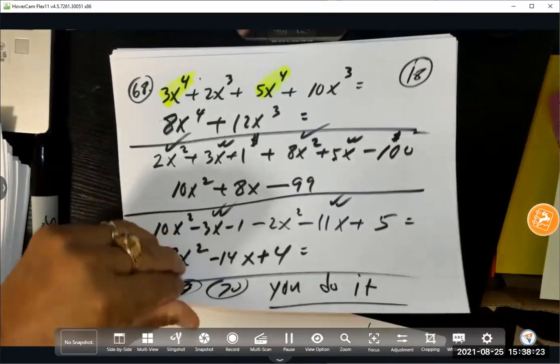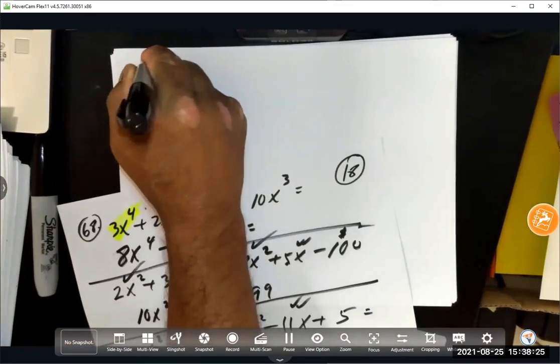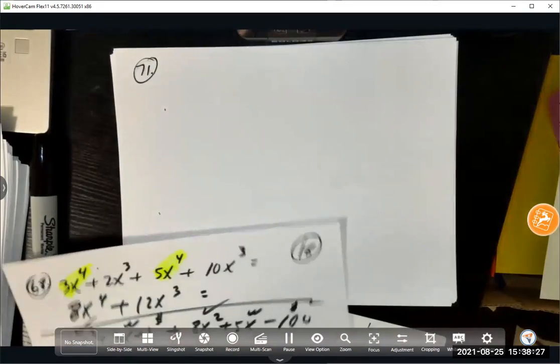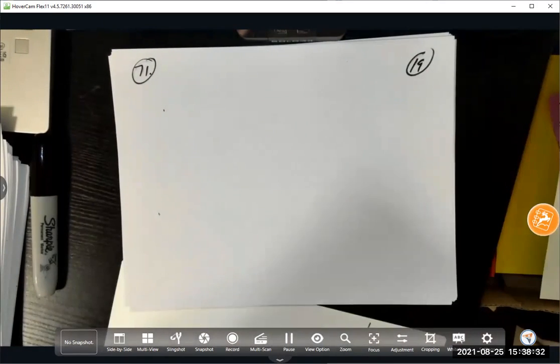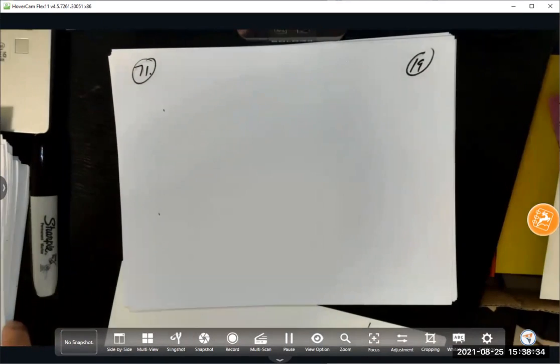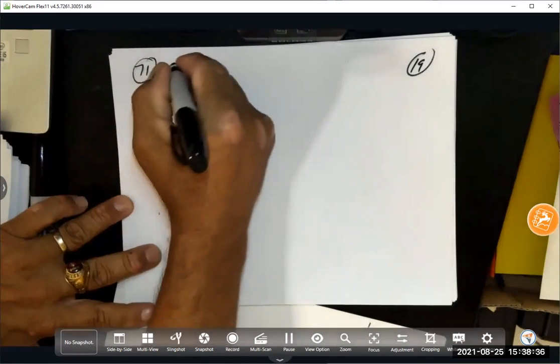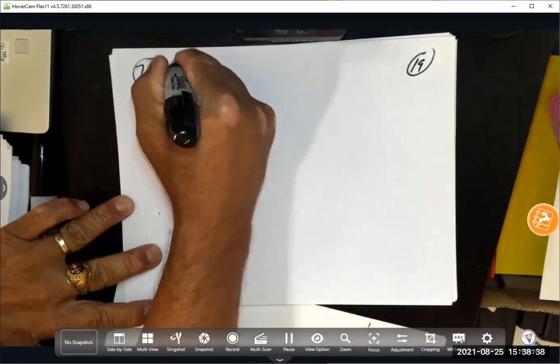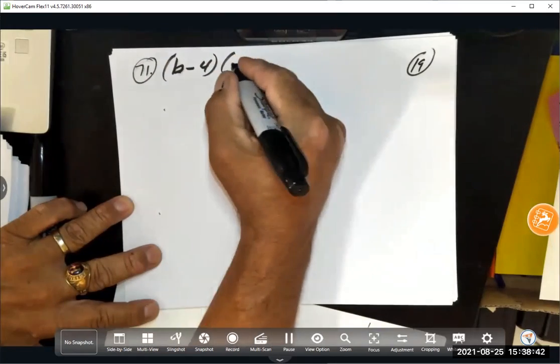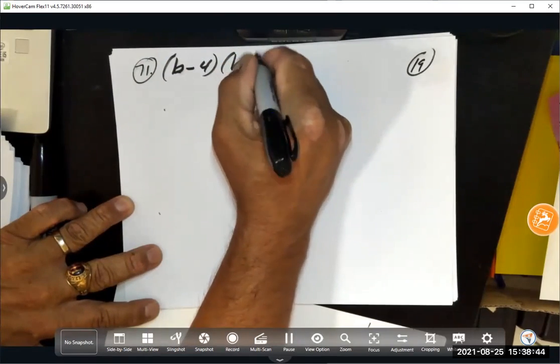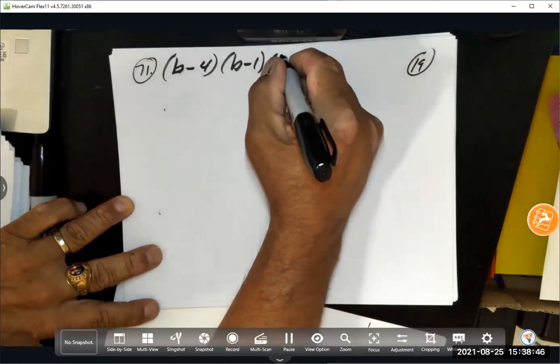All right, 71. Here we go. 71, it says this. It says b minus 4 times b minus 1 times b plus 3.